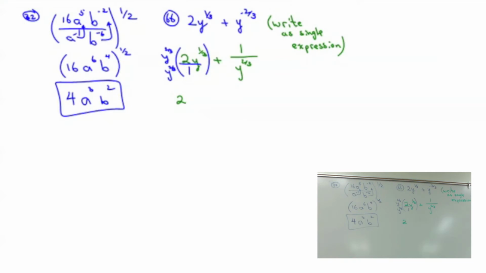Add them. 1/3 plus 2/3 is 3/3, better known as 1. So that'd be 2y plus, because I have a common denominator, I can add the tops, all over y to the 2/3. Isn't that crazy? But that's writing it as one expression.